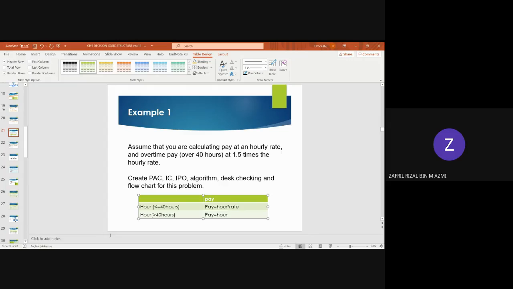So you must also consider the overtime hours. The overtime hours means the remaining, let's say if you work for 100 hours, you should minus 40. So the rest should be times by 1.5. 40 is 40, remaining 60, right? Is it correct? Like that? Cuba fikir sekejap.